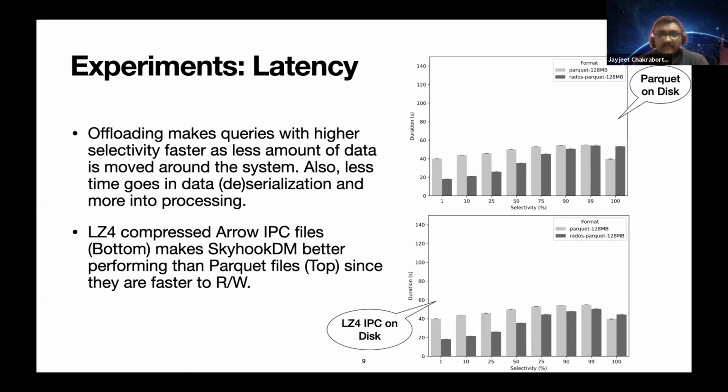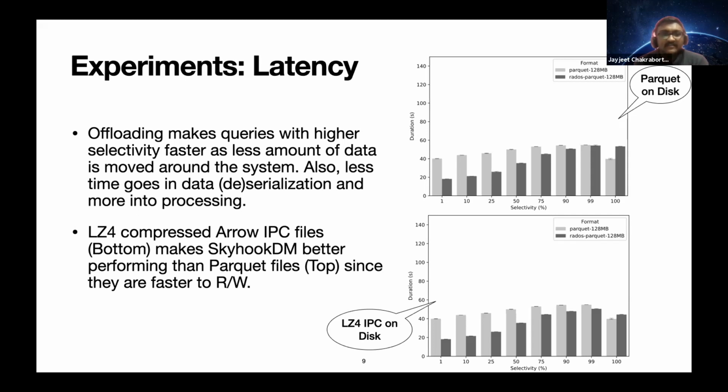So you would ask why the higher selectivities are not seeing that much improvement. There is an inherent problem in Arrow that we figured out in the meanwhile: Arrow is really efficient when transferring data between two processes inside the same node, but it's not that efficient to transfer data over the wire.